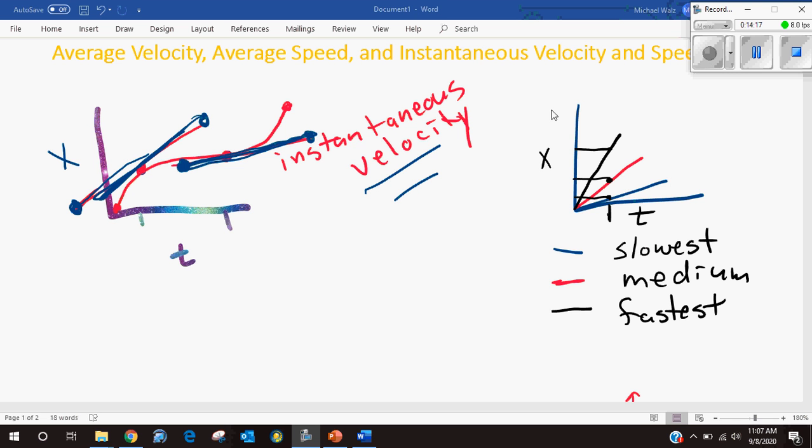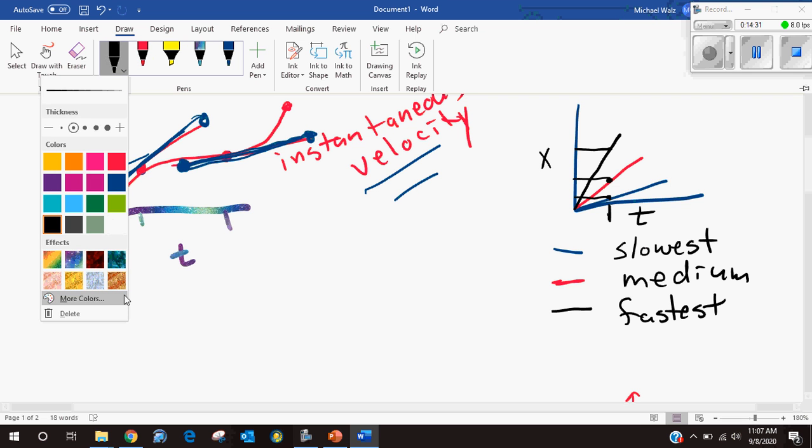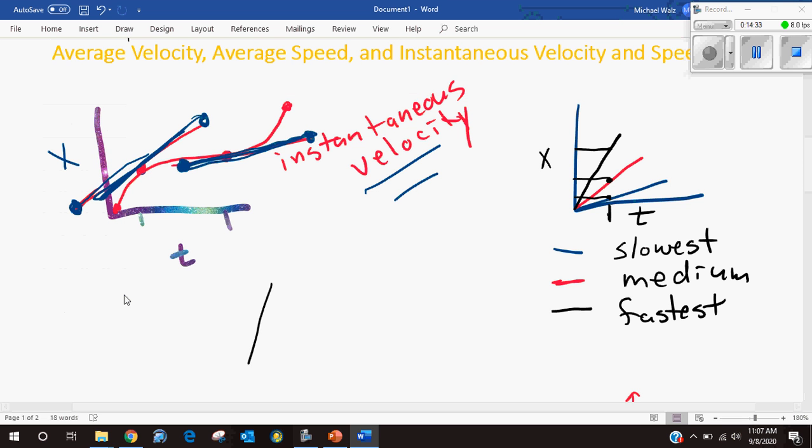And why I say steepness instead of more or less positive is because I showed that slope, right? But what happens if I have no slope? Let's say I have a distance time graph and I have no slope.